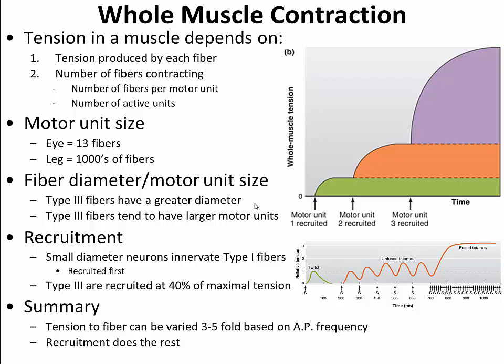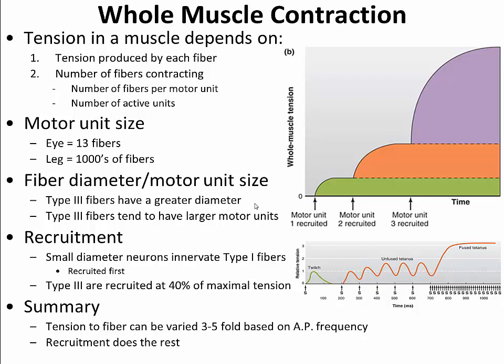And interestingly, when a single muscle contracts, the recruitment of the different motor units composed of the different fiber types, type 1, type 2, and type 3, is different. All the different fiber types are not activated simultaneously.